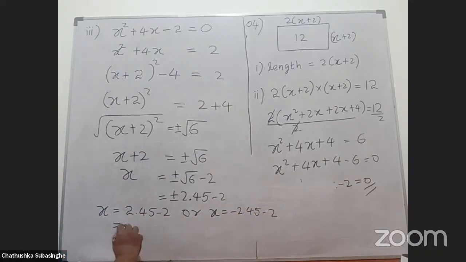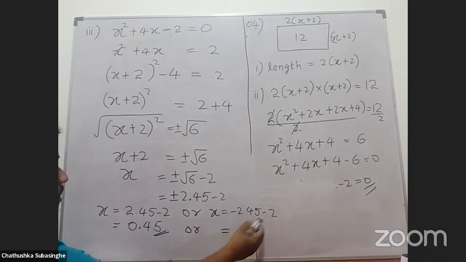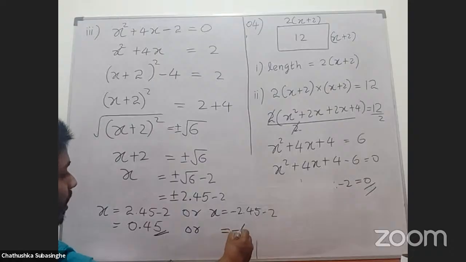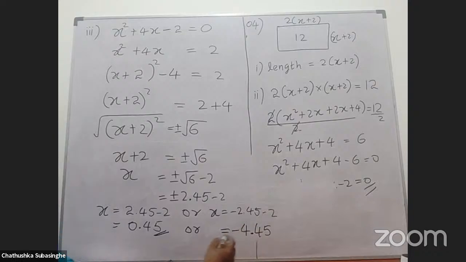Then here the answer is 0.45. Yes, that answer was correct. Whoever showed, send it to me. The answer is correct. Then minus 2 becomes addition, so it is minus 4.45. Those are the two answers.